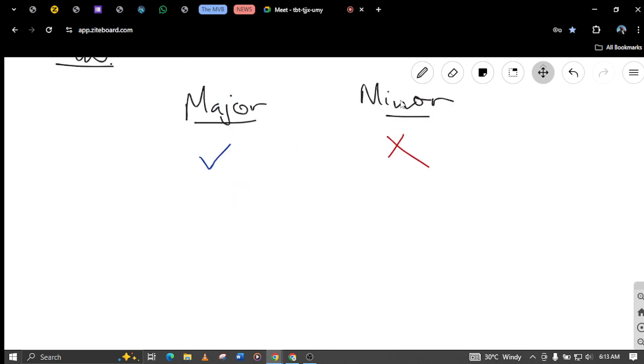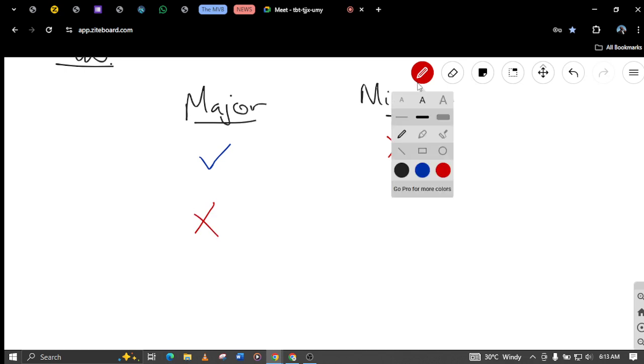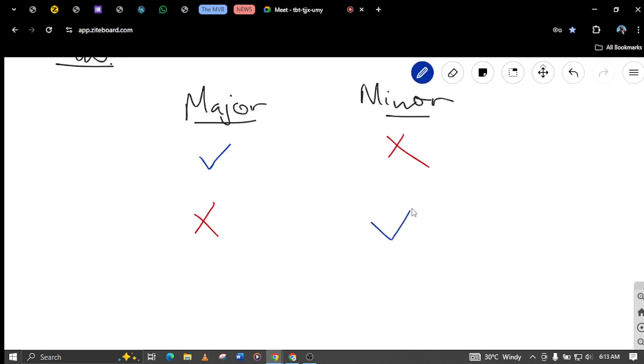But when we don't have the major break, but we have only the minor break, now we are allowed to trade the minor structure. Meaning, when we have something like this, for example, this is our major structure here.